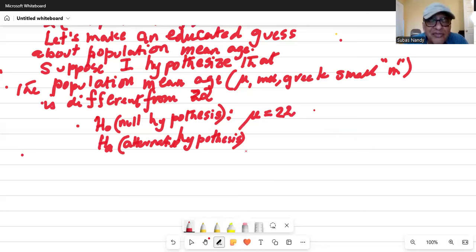How do I write different from in statistical hypothesis language? I do not know whether it is greater than or whether it is less than. So therefore I write alternative hypothesis with a colon, mu not equal to 22.